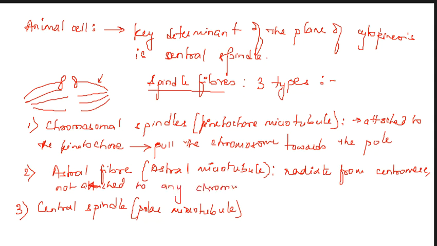And the last one, these are the microtubules that emerge from the opposite poles and they are overlapping. I'll show you with the picture.